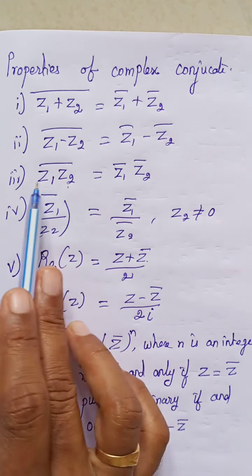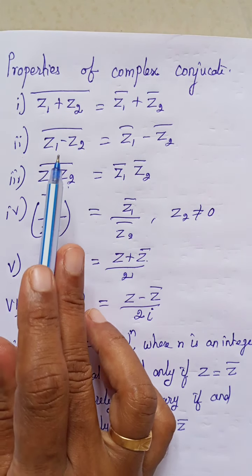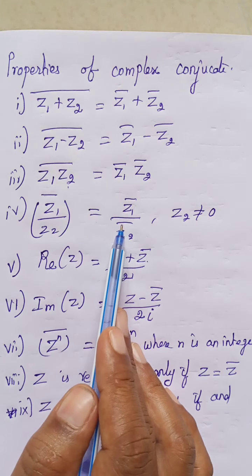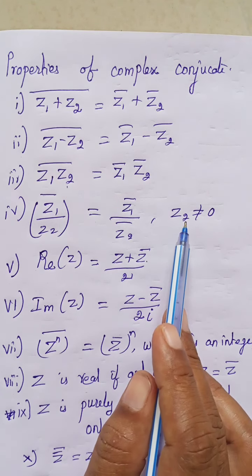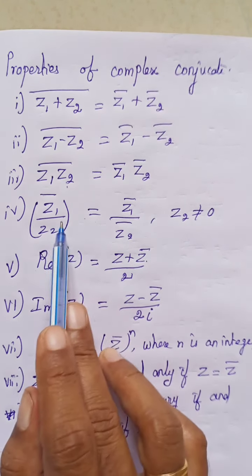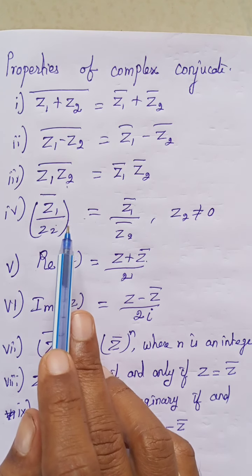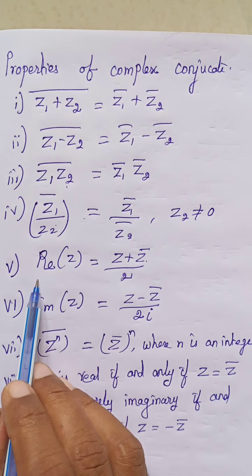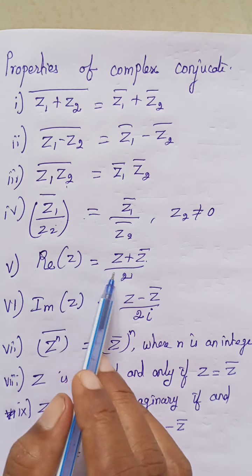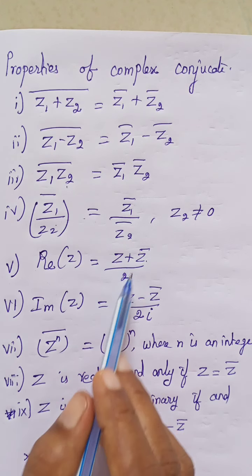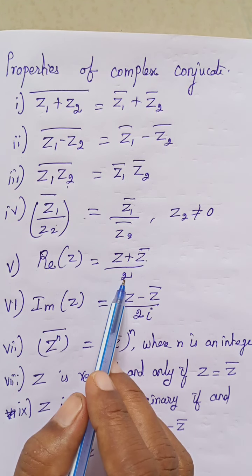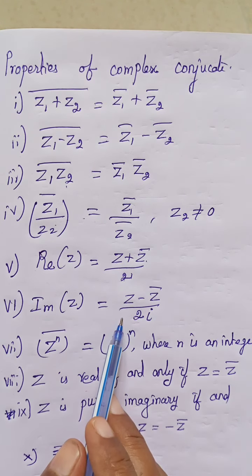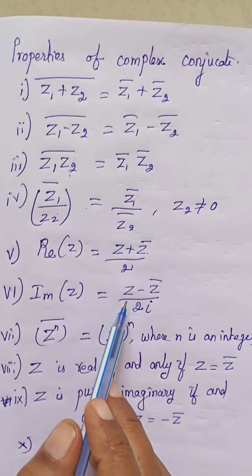Whether it is addition, subtraction, multiplication or division, we can separate the conjugates. Here Z2 is given not equal to 0. Why? If it is 0, it is infinite, there is no value. Then the real part of Z is equal to Z plus Z bar divided by 2. The imaginary part of Z is equal to Z minus Z bar divided by 2i.